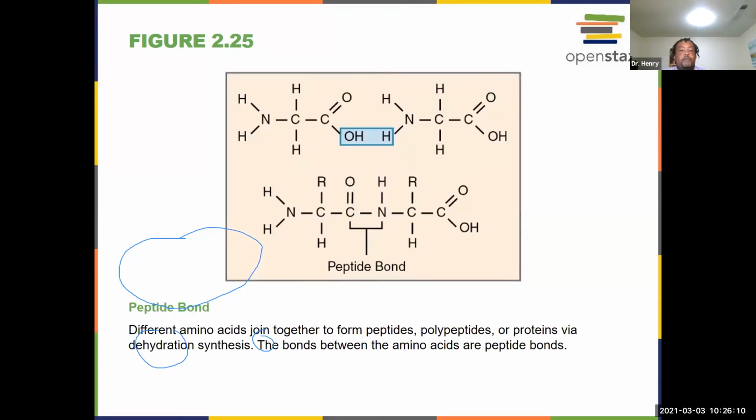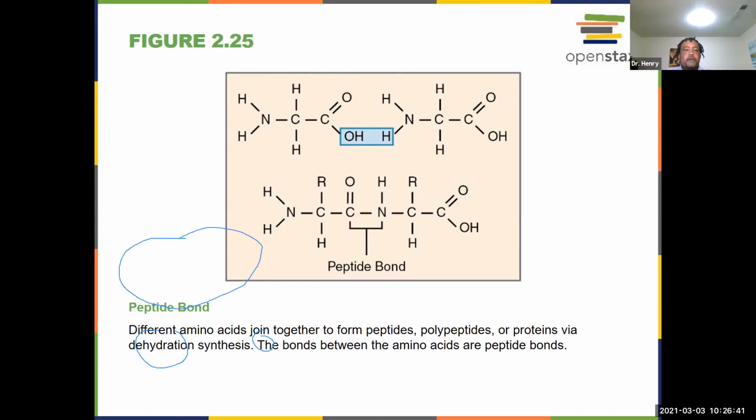Okay. So by dehydration synthesis, we can build up our proteins, right? Or we can make what we call a peptide bond. Peptide is kind of an abbreviation for proteins. So you have peptides, then polypeptides, and then proteins. It's called a peptide when you have more than one amino acid together. When you have multiple amino acids together, it's called a polypeptide.